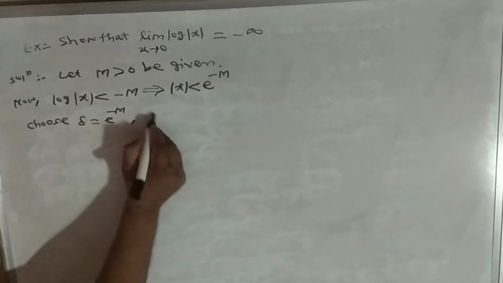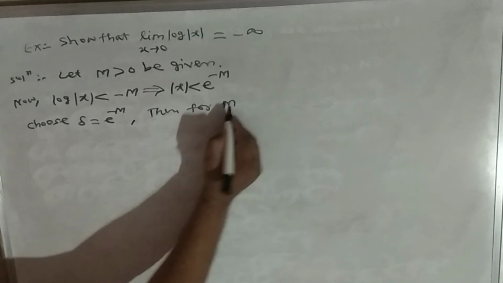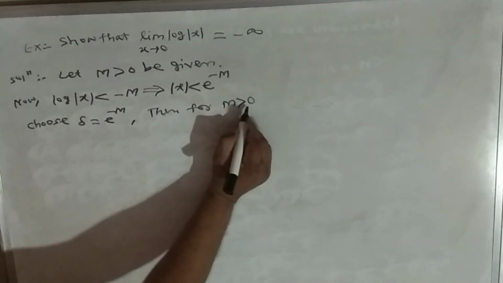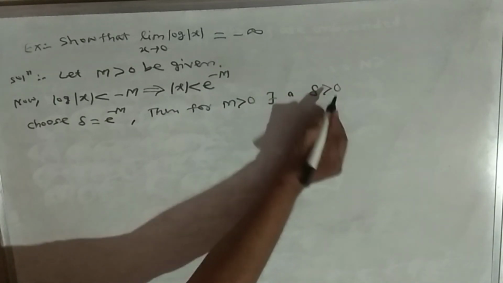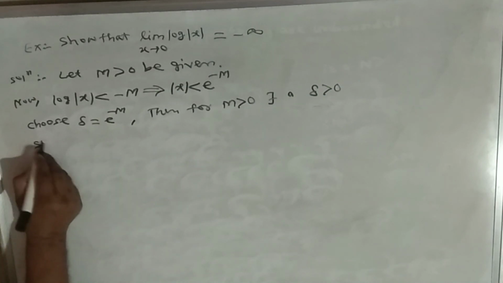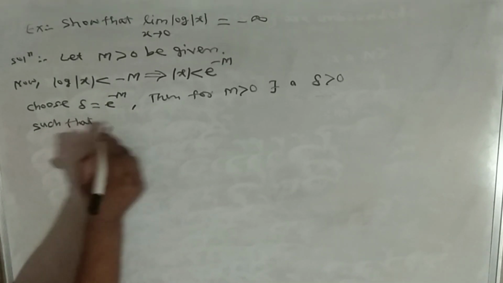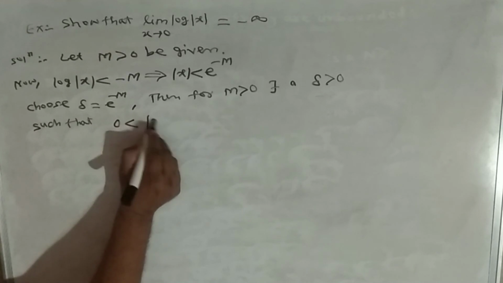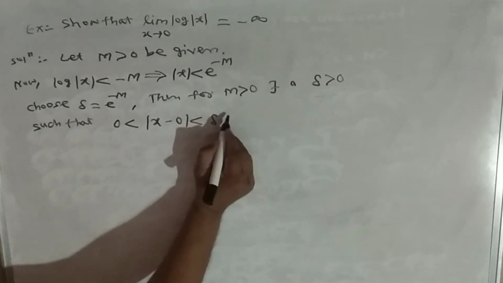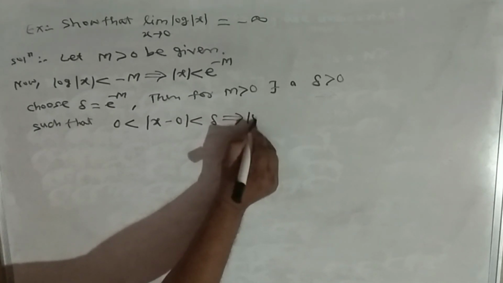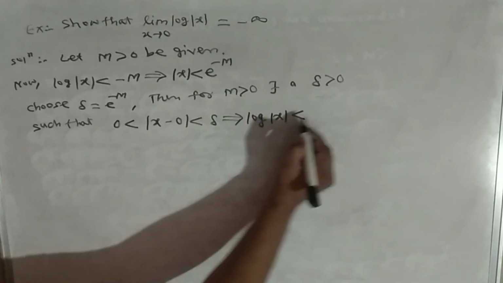Then for this m greater than 0, there exists a delta greater than 0 such that 0 is less than mod x minus 0 is less than delta, and this implies that log of mod x is strictly less than minus m.